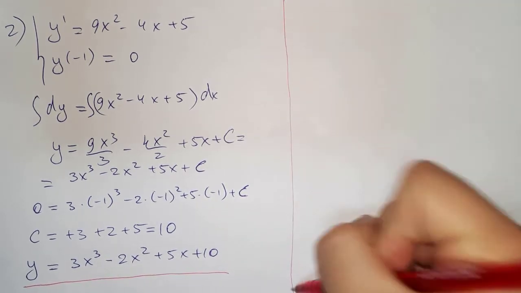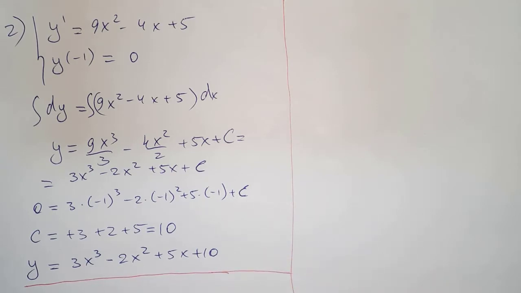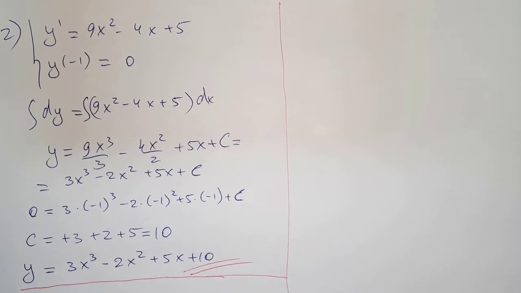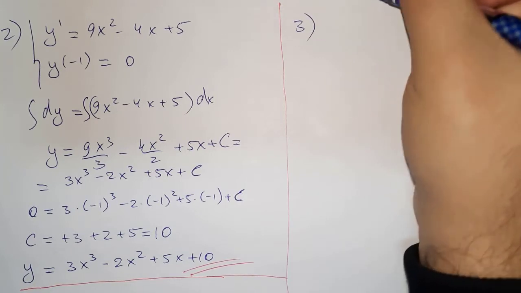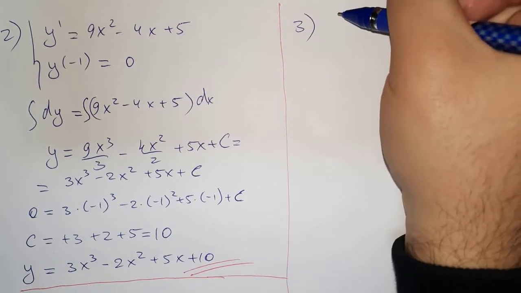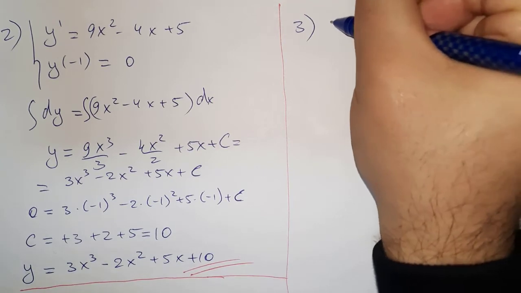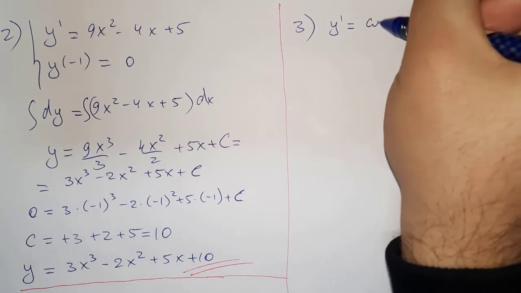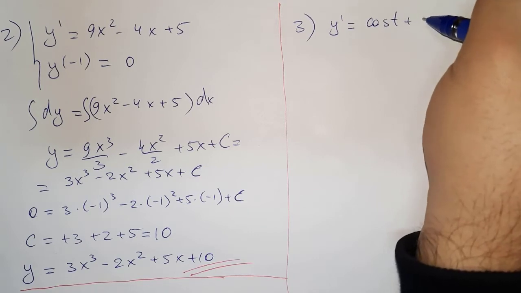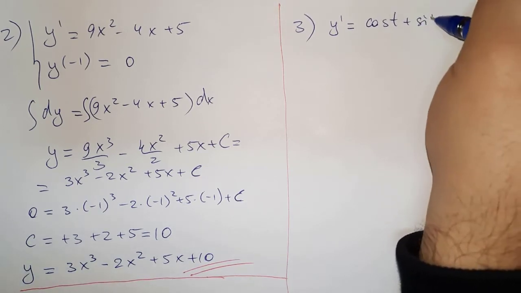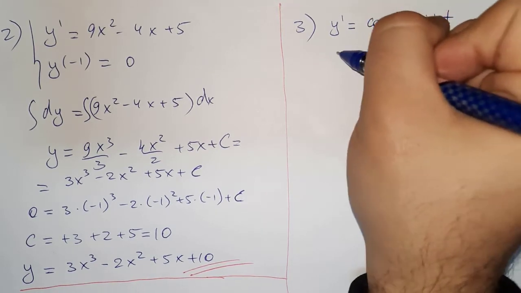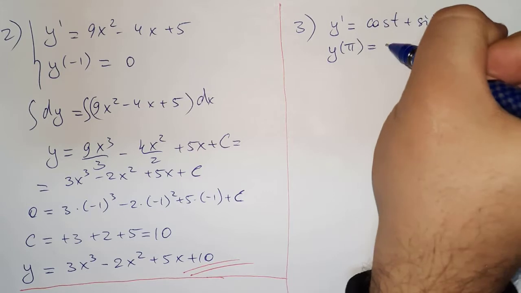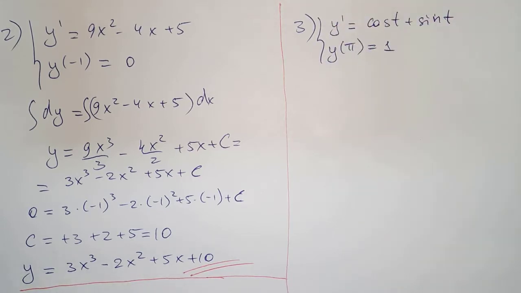Okay, now let's consider the next example, example number 3. Solve the initial value problem. What we have is the y derivative equals cosine t plus sine t, and y of pi is 1.